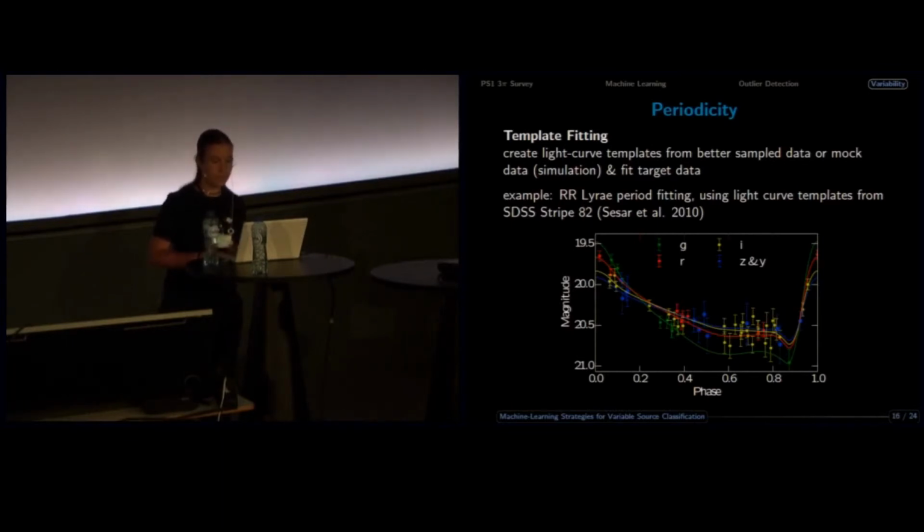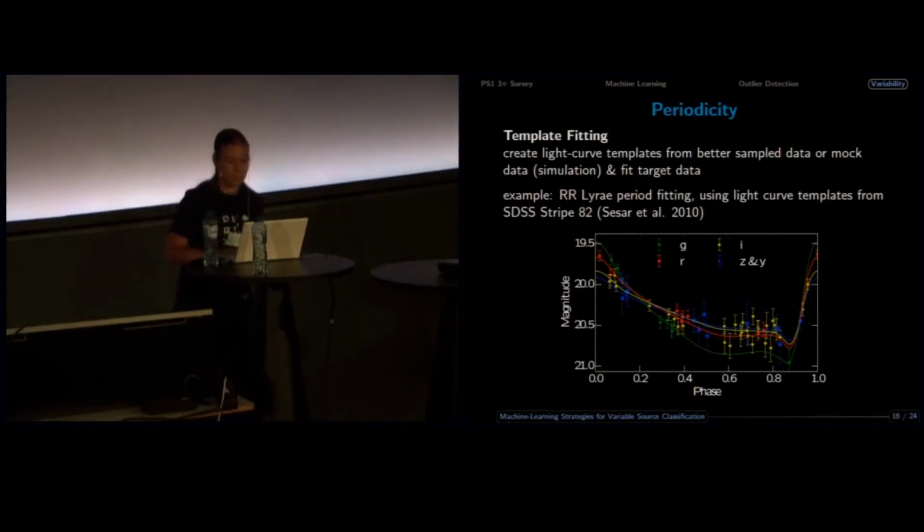What you see below are the data points from a source from Pan-STARRS, and the best-fit model from Stripe 82 is overlaid. This looks a bit tricky, but it works very well, and we can determine phases down to something like seconds.